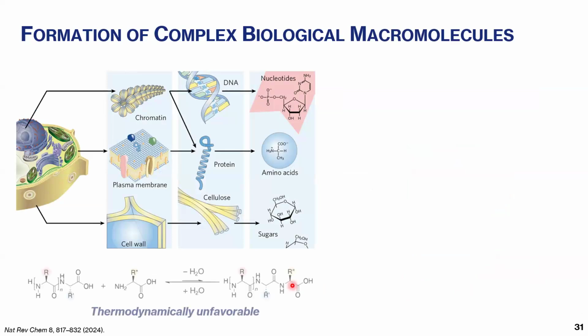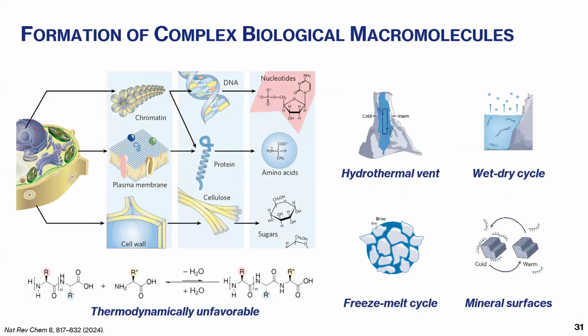The synthesis of protein and peptide polymers is a particularly challenging process under prebiotic conditions, because the formation of peptides requires dehydration condensation, which is thermodynamically unfavorable in an aqueous solution.